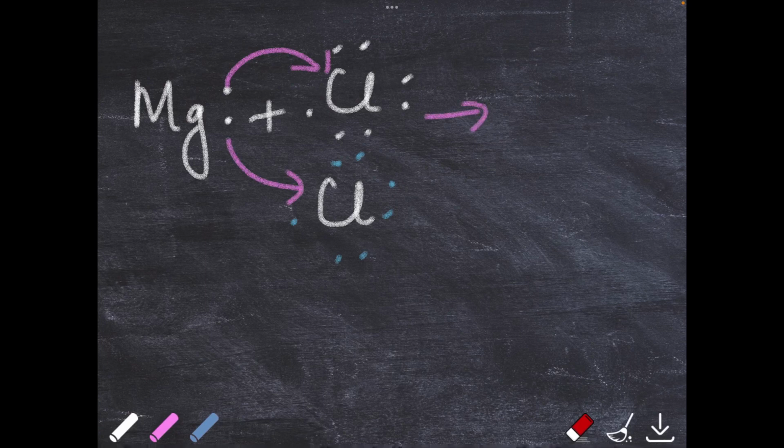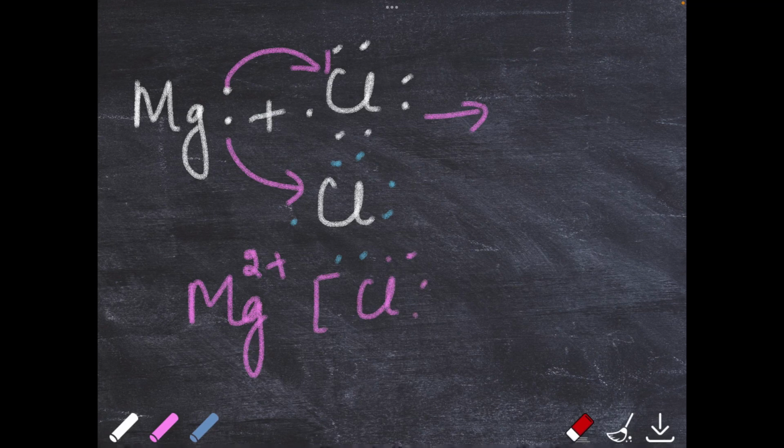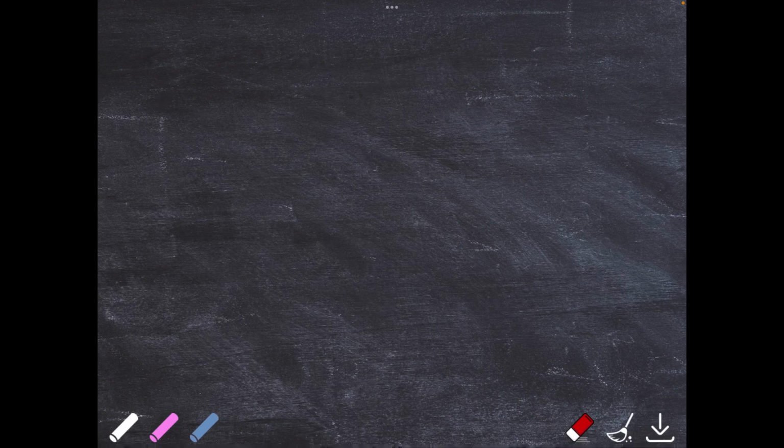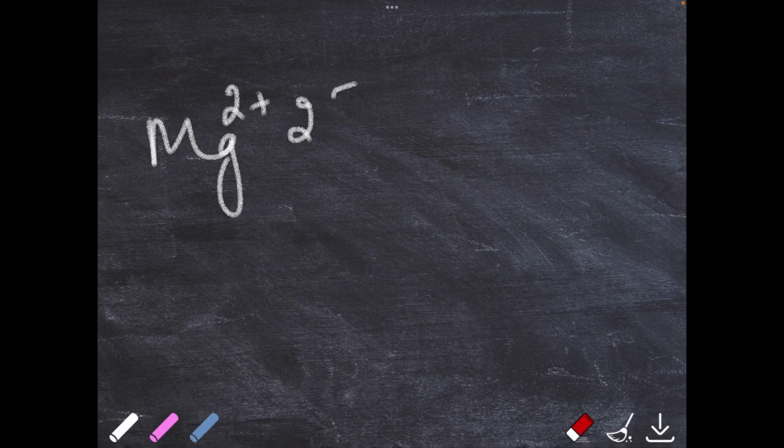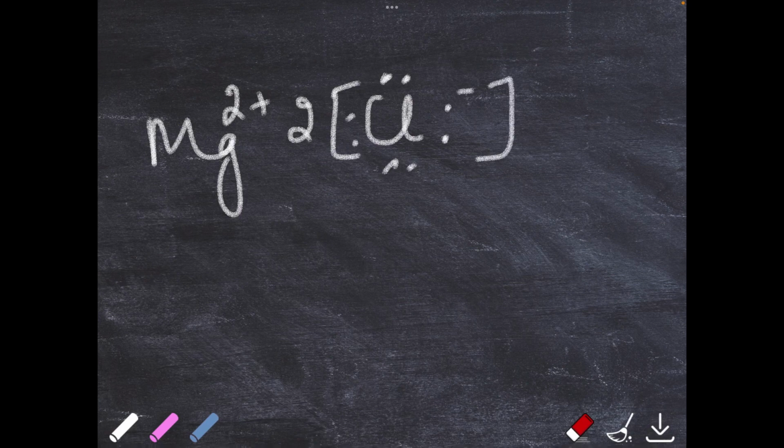As a result, magnesium gets a 2 positive charge, and chlorine over here acquires 8 electrons with a negative charge, and we will write like this. We can even write it like Mg2+ and Cl minus twice. This is it.